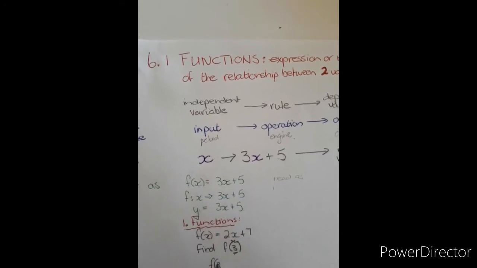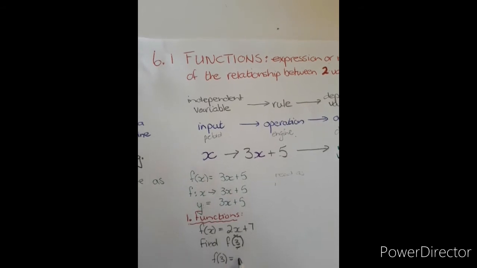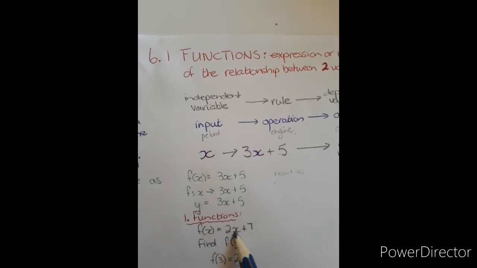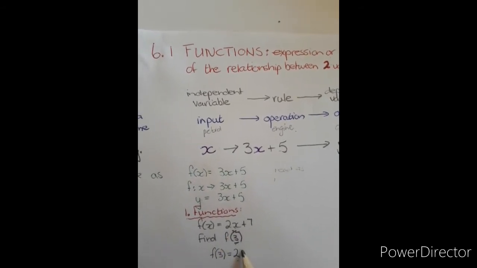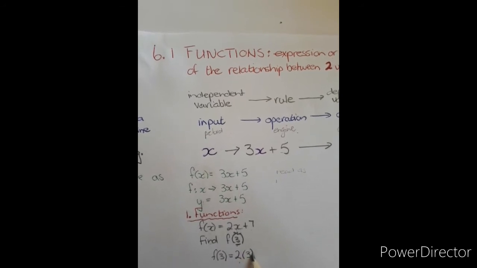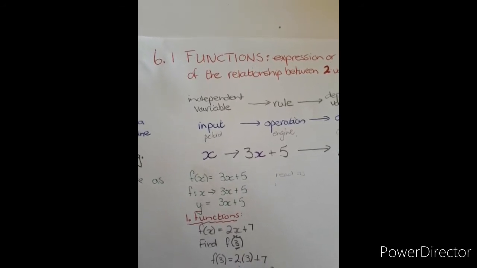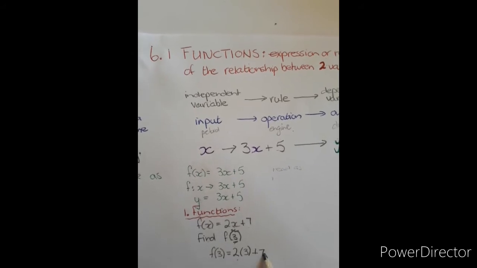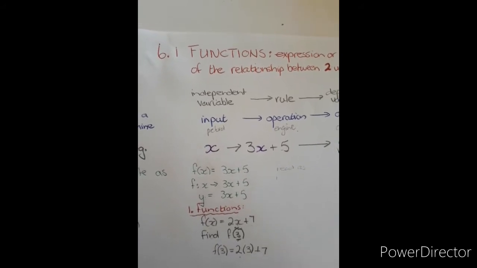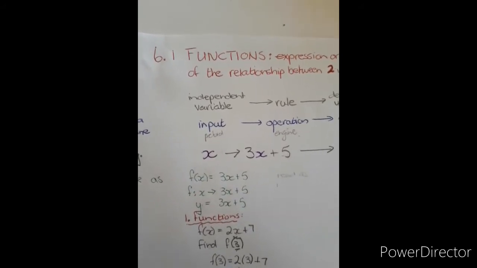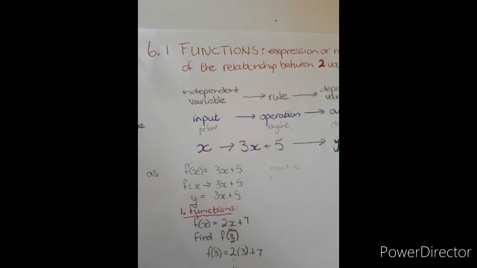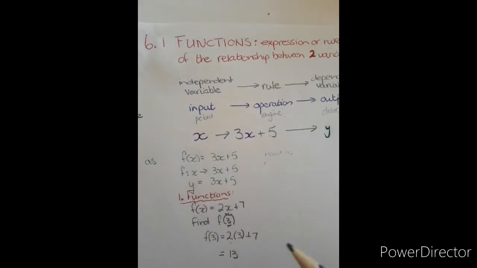So f(3) = 2(3) + 7. Then you just calculate that, which gives me an answer of 13. This is all that it really is.